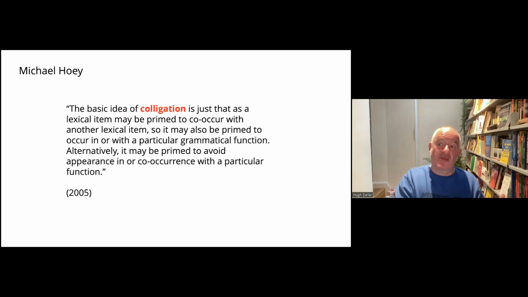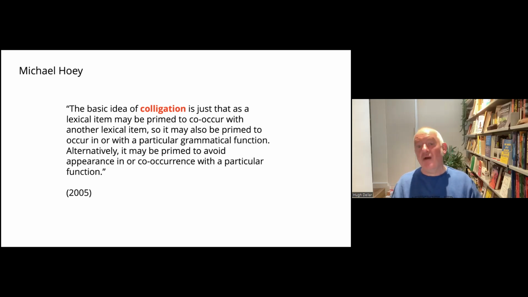When they occur with other lexical items, that's collocation. When they occur with particular grammatical functions, that's colligation. Or they may just avoid particular grammatical patterns or particular collocations.